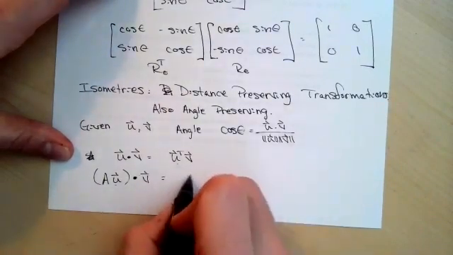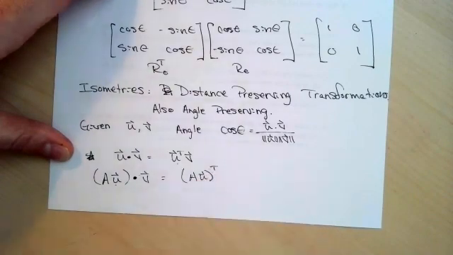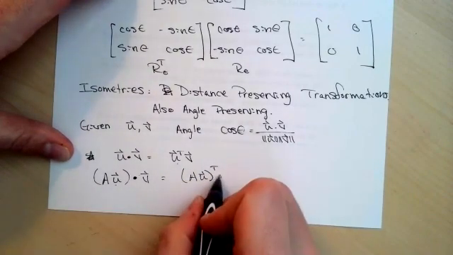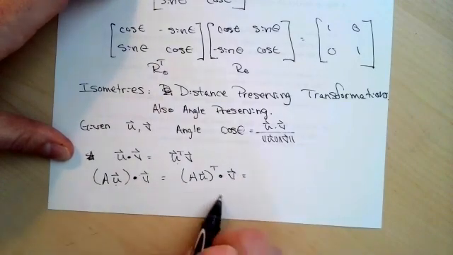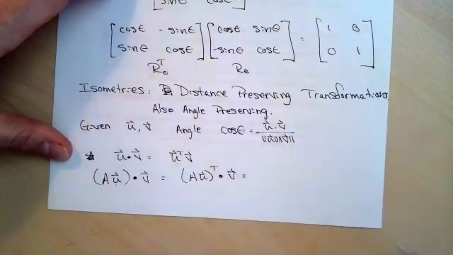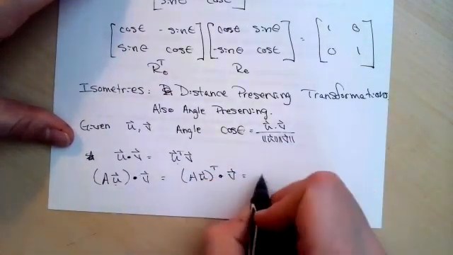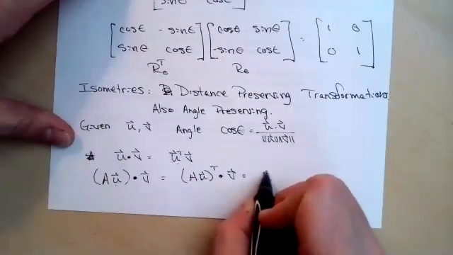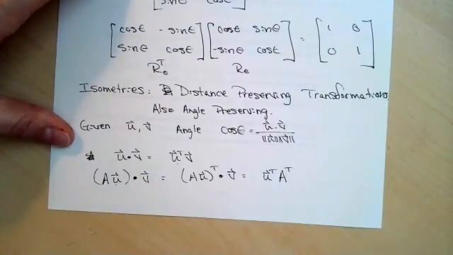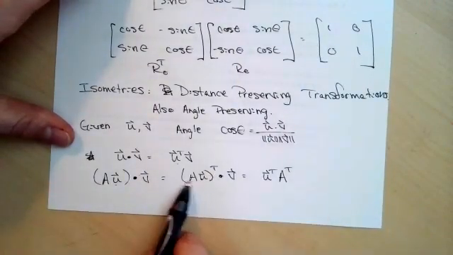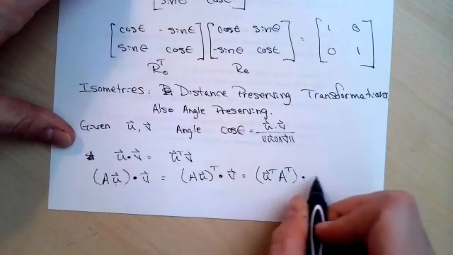Well, this is the same as taking the transpose of this guy, dot product with v. And from our properties with transpose, we can think of our vectors as n by 1 matrices. And so this is going to be the transpose of u times the transpose of A, since the transpose flips the order of the multiplication, and then dot product with v.